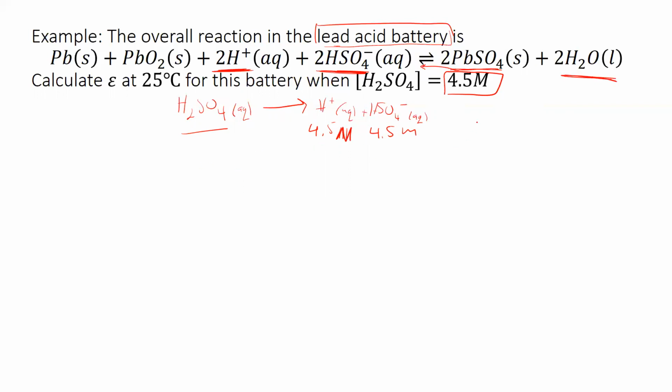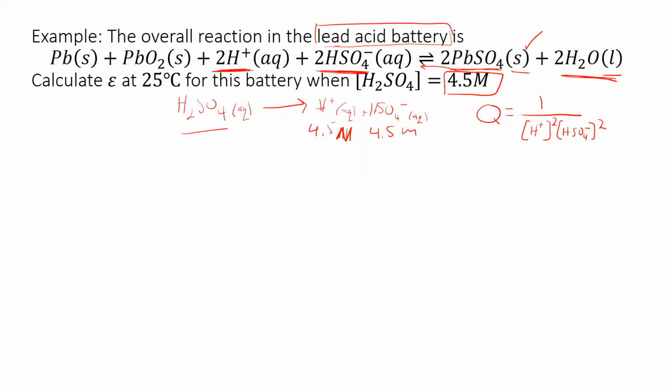And so if you're looking at the chemical reaction up top, the Q expression for that would just be, you notice we have solids and liquids, we're still using the same Q. So the Q for this is 1 over the concentration of H+ squared times the concentration of HSO4- squared. Okay, so same idea with Qs. We're just applying things that we've done in the past in terms of equilibria. And that's the main key to this.